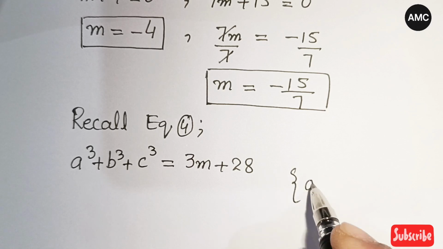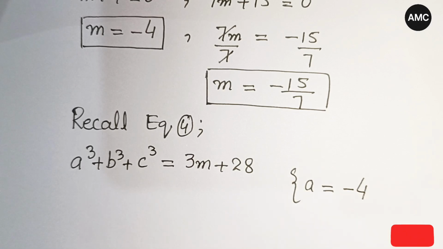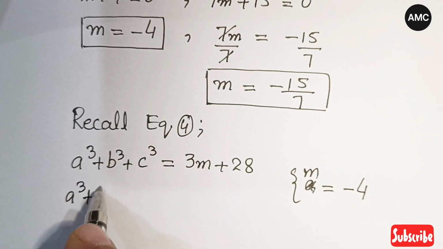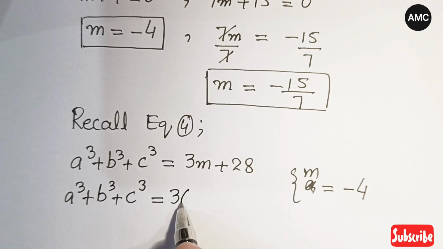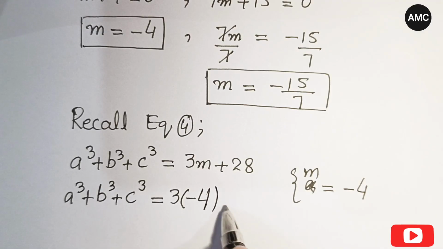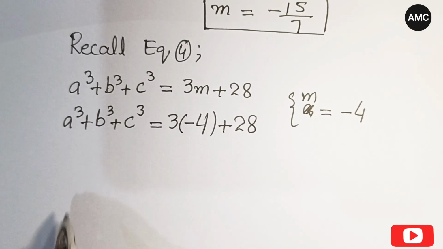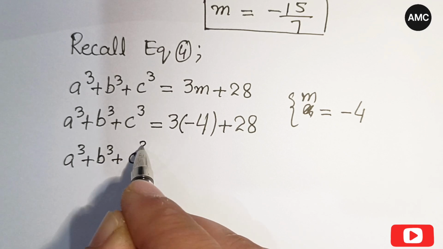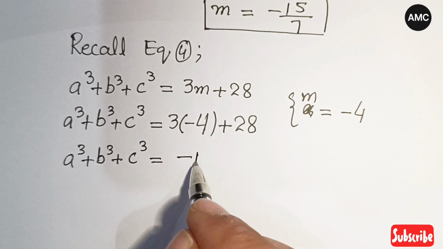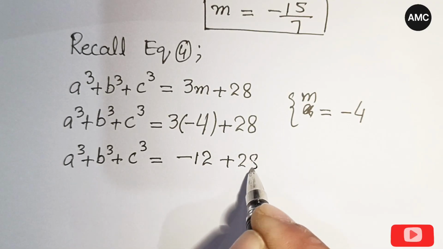So if m is equal to minus 4, then a cubed plus b cubed plus c cubed is equal to 3 times minus 4 plus 28. Now a cubed plus b cubed plus c cubed is equal to 3 times 4, which is minus 12, plus 28.